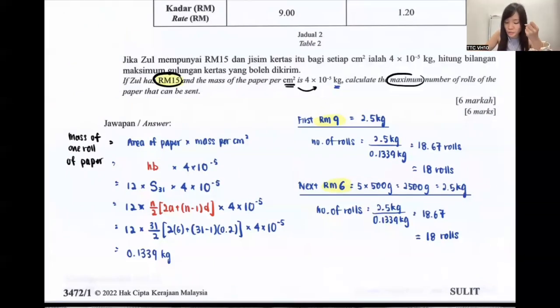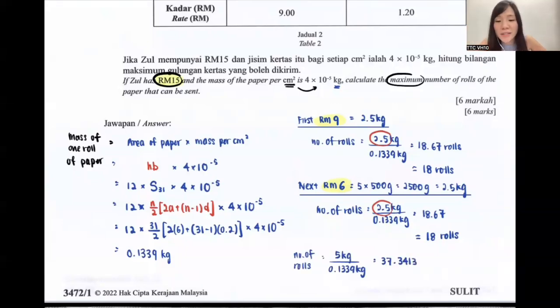This one is 2.5 kg, this one is 2.5 kg, so in total I have 5 kg. So 5 kg divided by 0.1339 kg. 5 divided by 0.1339 is 37.3413. Now, you can't just divide straight away, because the price is different.